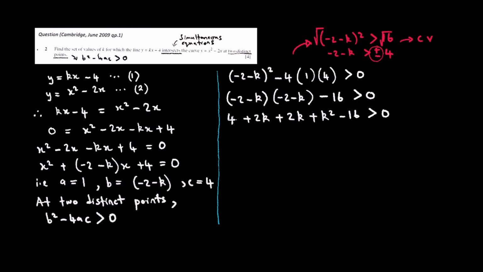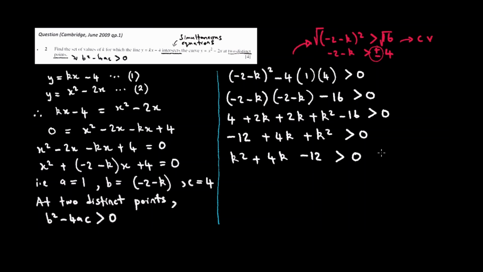Then here, what are we saying? 4 minus 16 is minus 12. Then plus 2k plus 2k, that's plus 4k. Then of course plus k squared. This is greater than 0, like that.